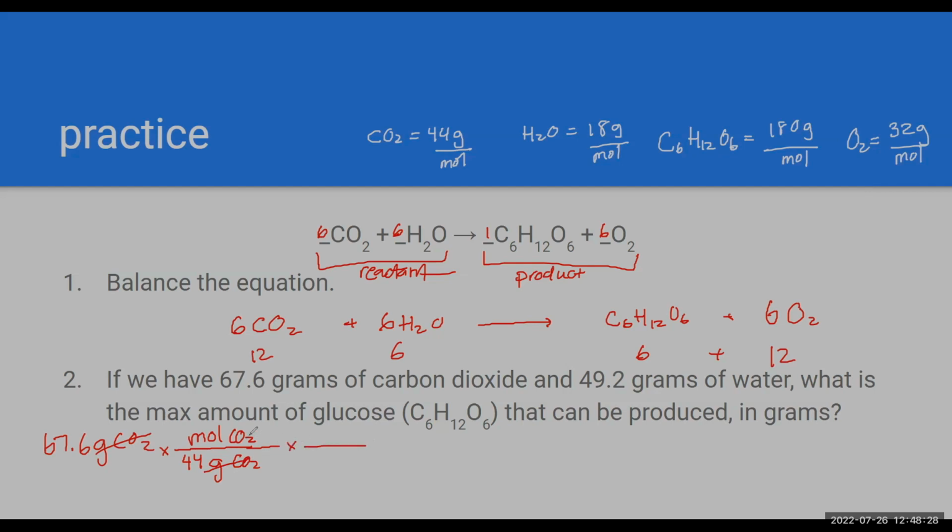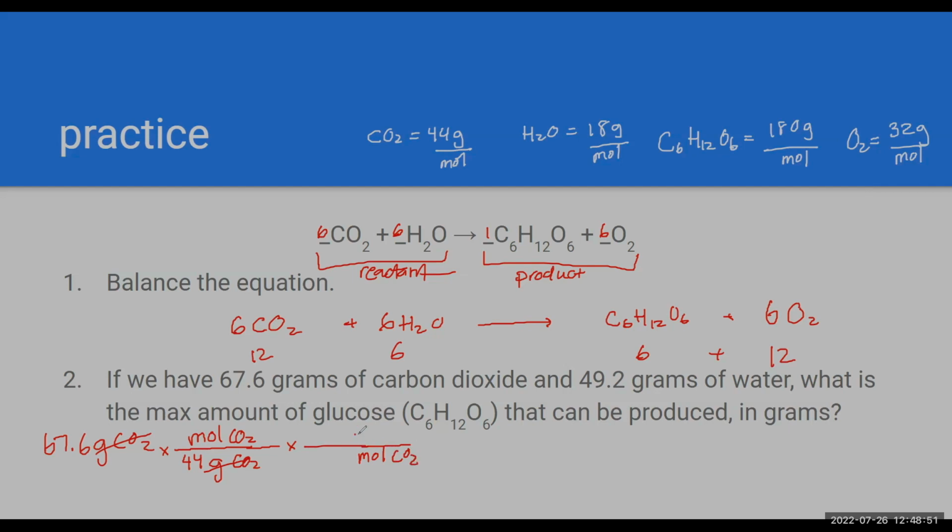Next, I'm going to use the mole ratios or the stoichiometric relationships. So we can see that we want to find out the relationship between moles of carbon dioxide and glucose. So I can put moles of carbon dioxide on the bottom.